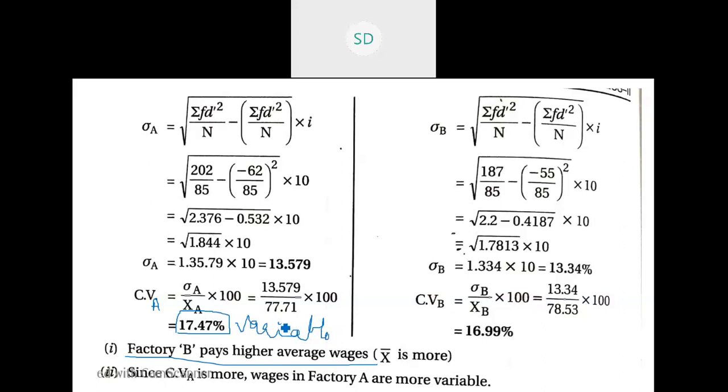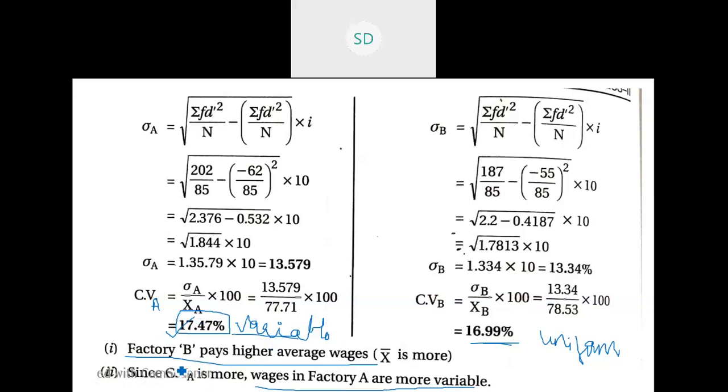If the CV is less, it means it is more uniform, more stable. Since they have asked variable, we will consider factory A, which has more value. So that is why, since CVA is more, wages in factory A is more variable.